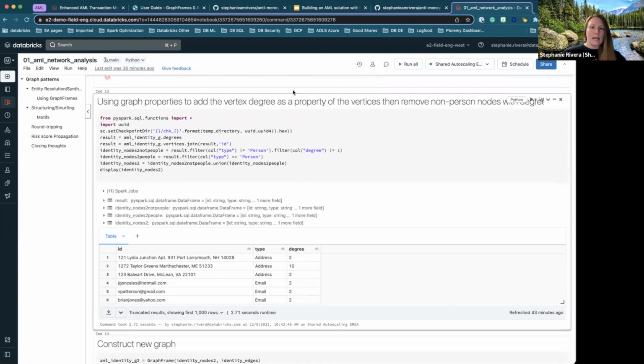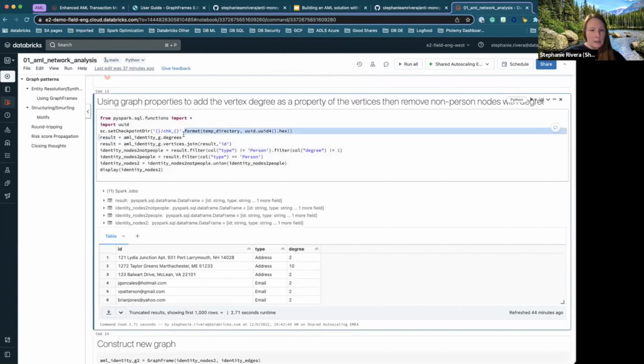So anything that only has a degree of 1 is going to be dropped, and the rest of them we're going to keep. We do that by using some built-in functions.